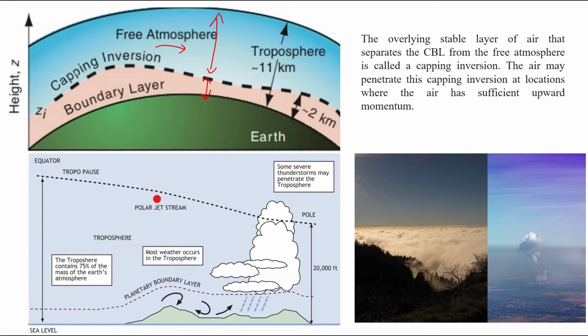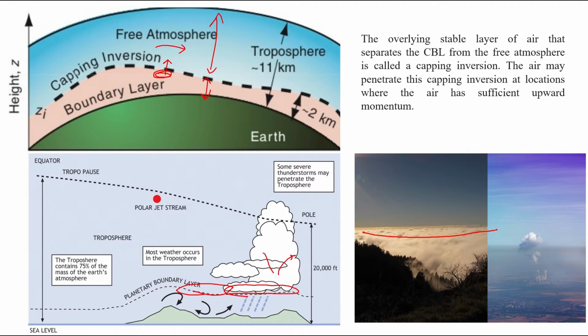For example, from the mountains or from an aircraft, you can see flat cloud formations. So this is the capping inversion layer. Due to the temperature difference, the clouds formed are trapped within this layer and cannot penetrate further. So most of the clouds are trapped in the bottom layer. That is called capping inversion.